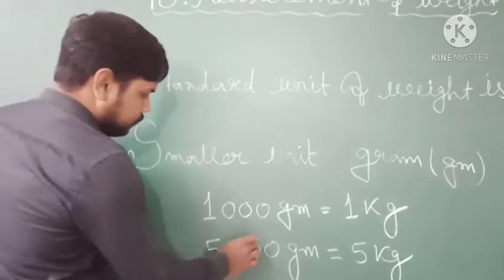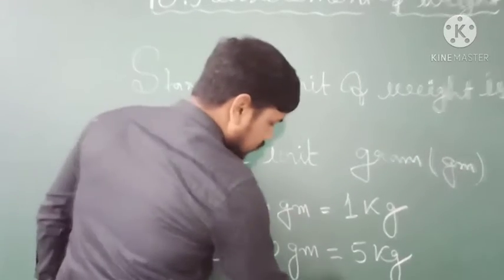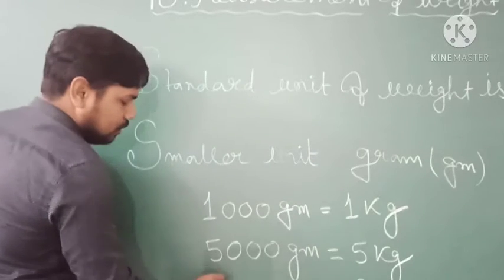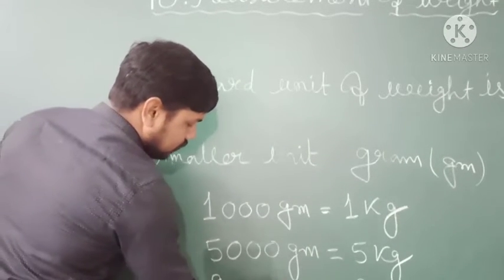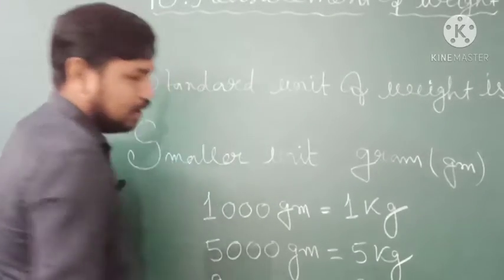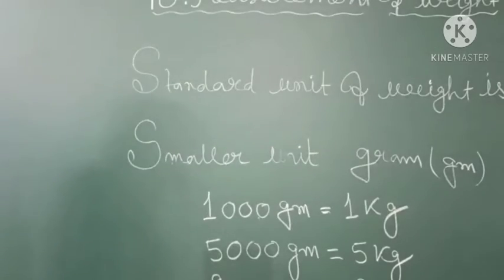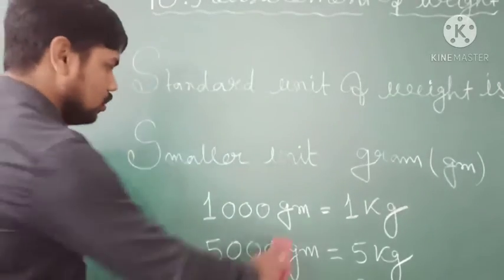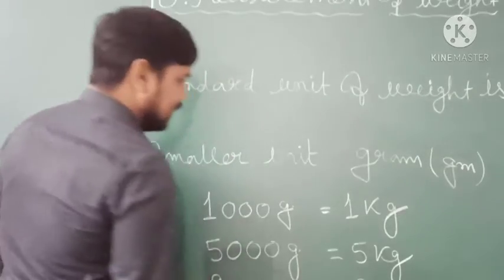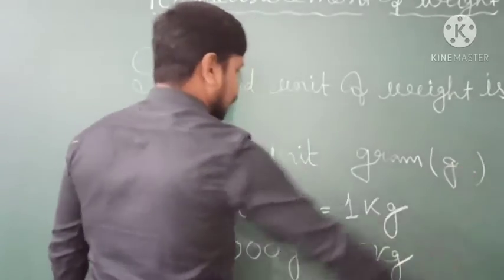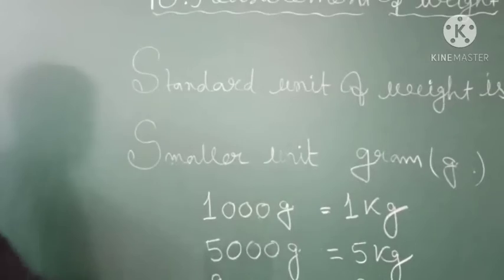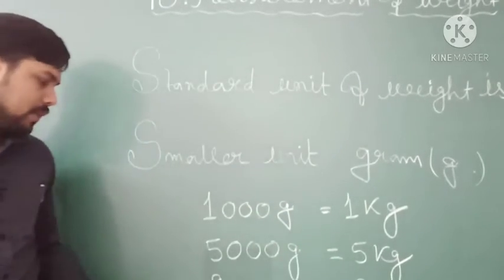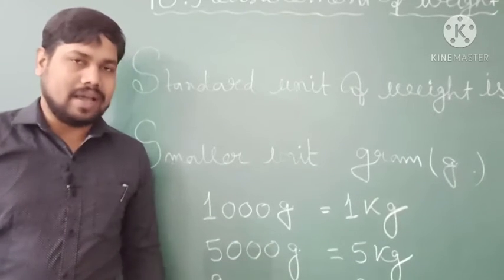In the same way, 9 kilogram will be equal to 9000 gram. Gram we sometimes write simply as g also. If your book has simply g, we will write g. So 1000 g is equal to 1 kg. This is how 5000 g will be 5 kg and 9000 g will be 9 kg.